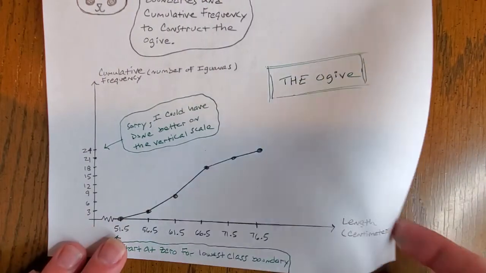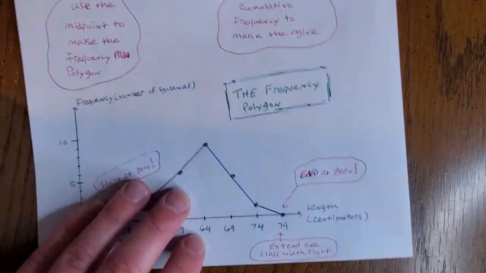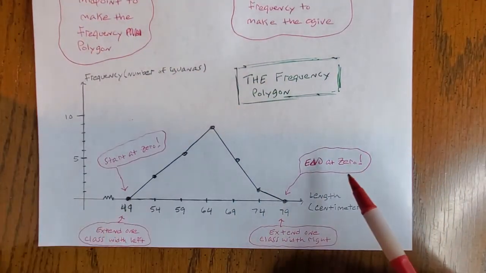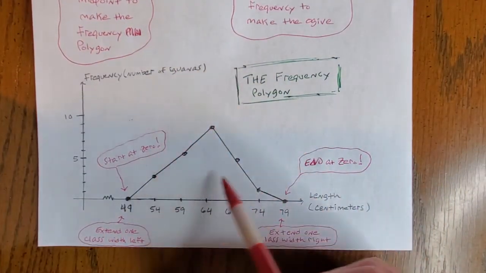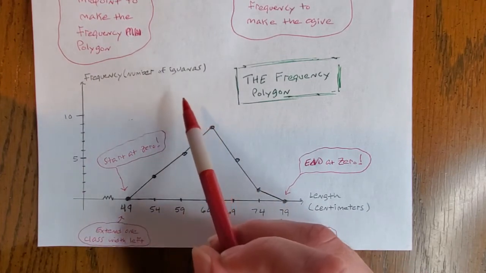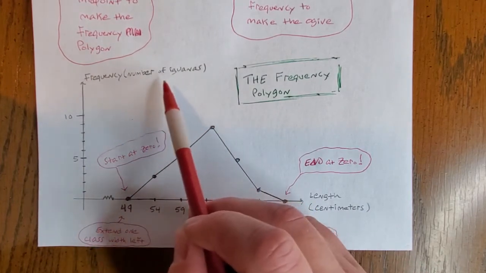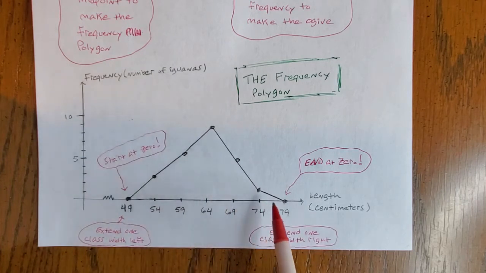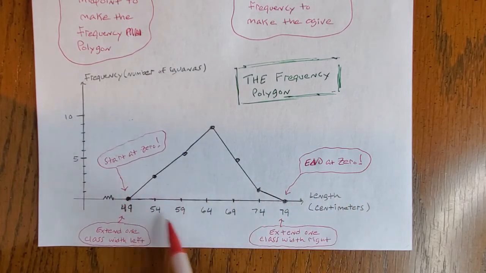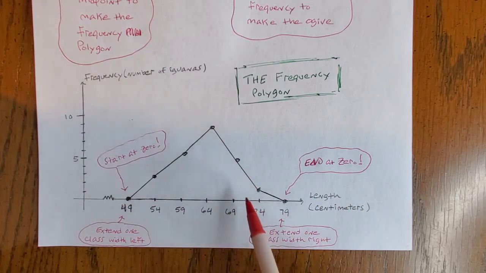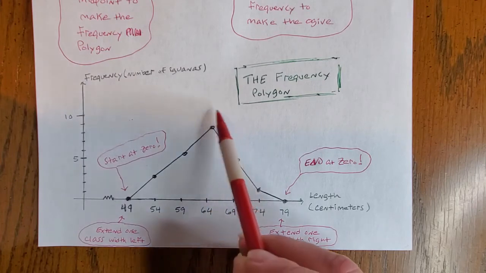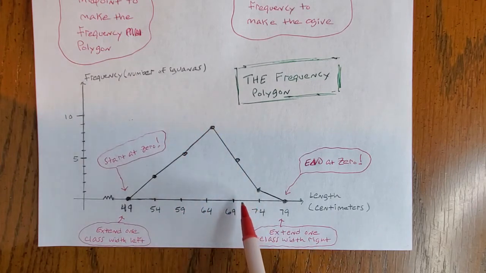Okay, now one other real quick thing. So remember, we're trying to find patterns in the data. When you see this and you say, okay, well, this is telling me the number of iguanas that have whatever length in centimeters, what do you see there? Well, it looks like most of the iguanas that were measured are in the middle, okay?